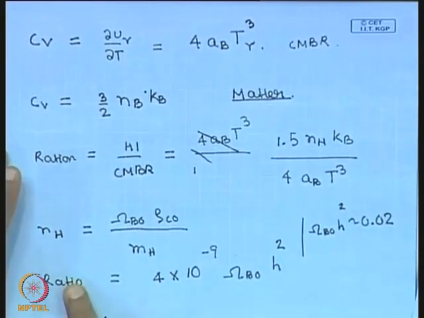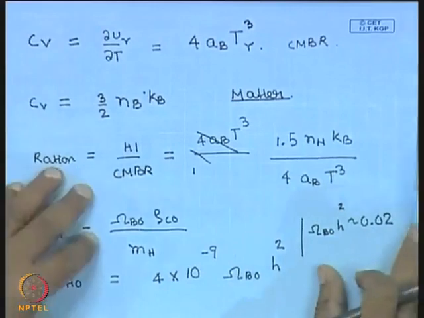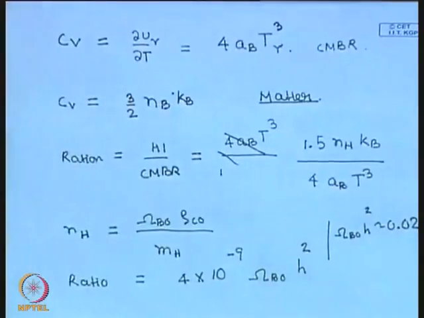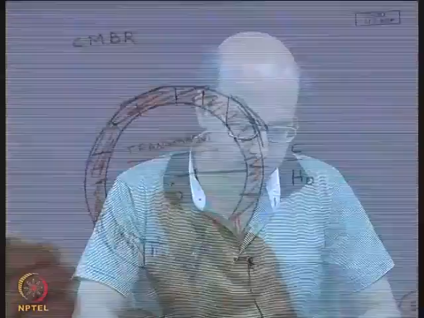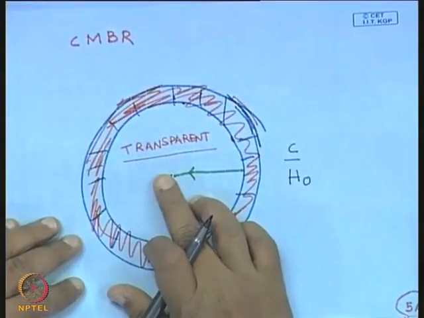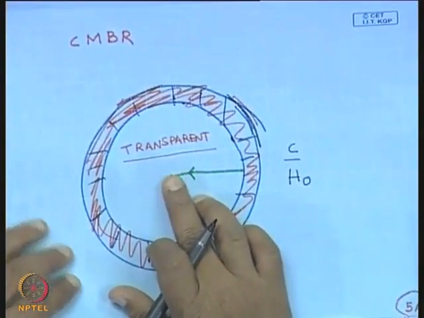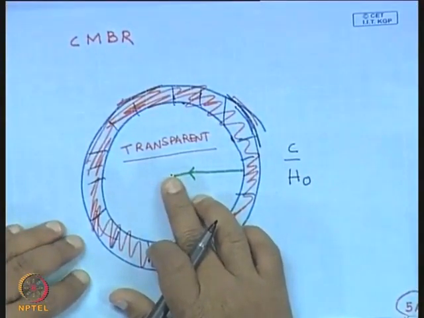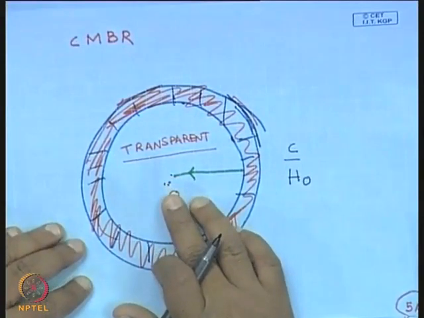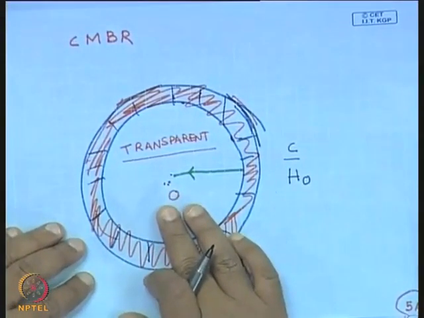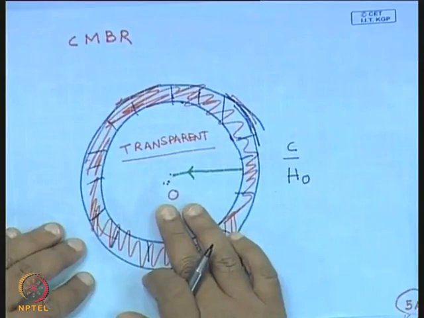Okay, so what we learn from this is that though the density of the universe is largely from matter, and the contribution to the density from the CMBR is extremely small, the heat capacity of the CMBR is much higher than the heat capacity of the matter.